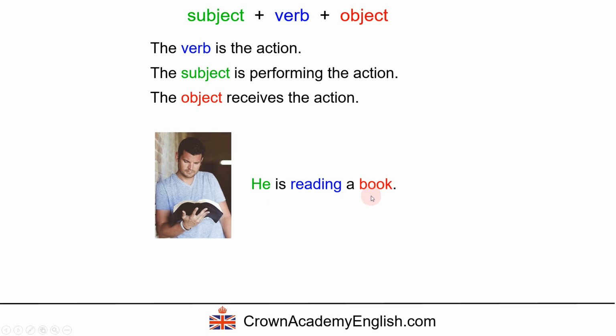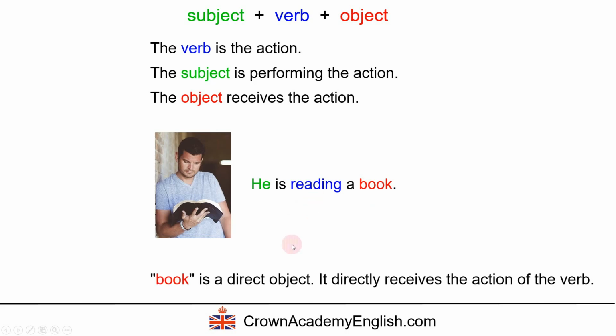So book receives this action, and he is the person who is doing the action. In this example, book is in fact a direct object. It's a direct object because it directly receives the action of the verb.